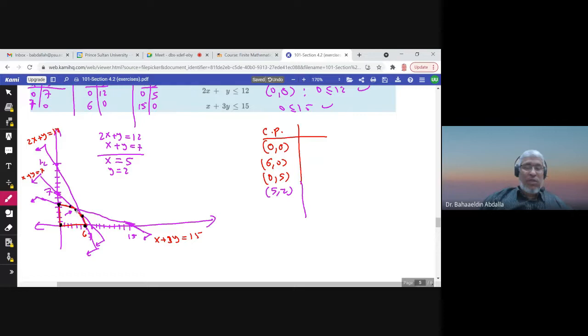Well, if this graph is okay, this is the only corner point between this line, which is x plus 3y equals 15, and the line x plus y equals 7.